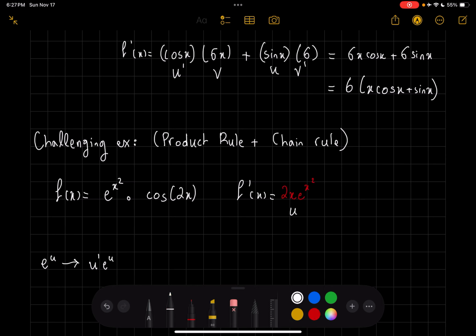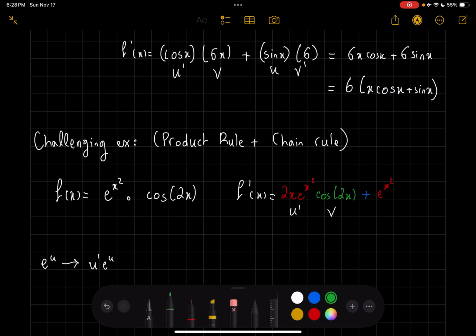This is going to be our u prime. And then v remains the same, so cosine 2x, that is going to be our v, plus u, which is e to the power of x squared.